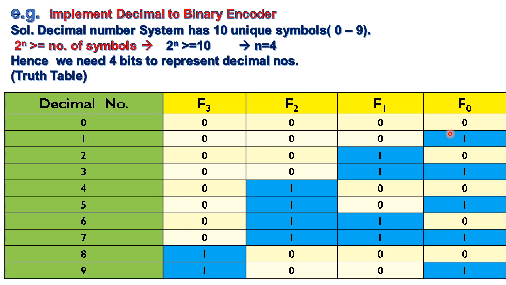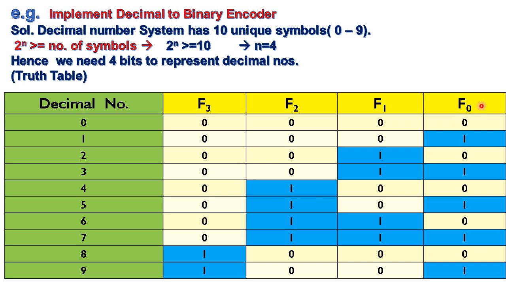Now in these output columns we have highlighted ones. That indicates that for a particular column, the ones imply that the particular bit, which in the logic diagram is represented by OR gates, connects to the given decimal number.